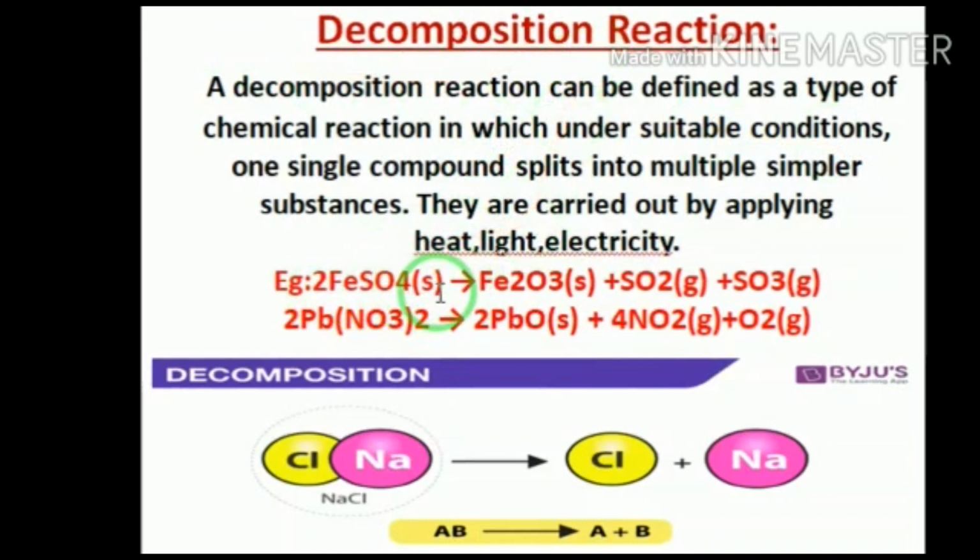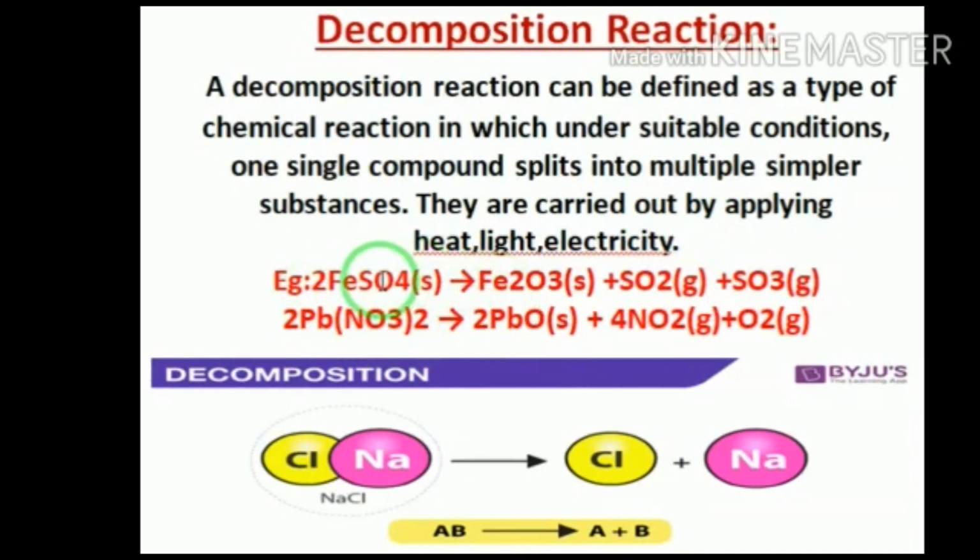This one, FeSO4, breaks to form Fe2O3, SO2 and SO3. Again we have Pb(NO3)2 which breaks out to form PbO, NO2 and O2. So such type of reaction is known as decomposition reaction. अगर एक चीज टूट के बहुत सारा चीज बन रहा है या एक कंपाउंड टूट के बहुत सारे एलिमेंट्स या कंपाउंड को जनरेट कर रहा है, then such reaction is known as decomposition reaction.